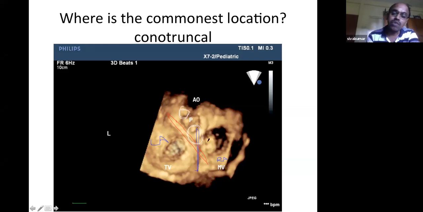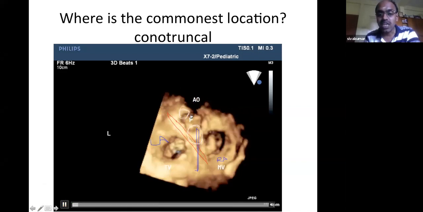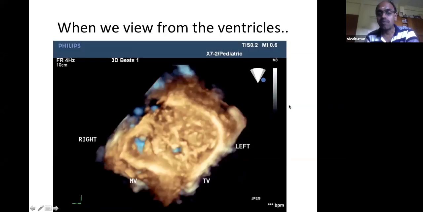We are viewing from the atrial surface, so you have to remember that the round I have drawn is below the plane of the screen. So the common VSD is subpulmonic with minimal inlet extension, and rare VSDs are totally in the outflow septum.